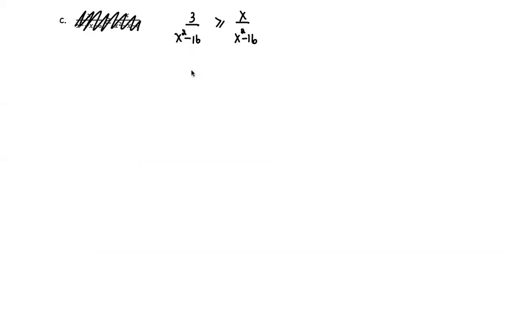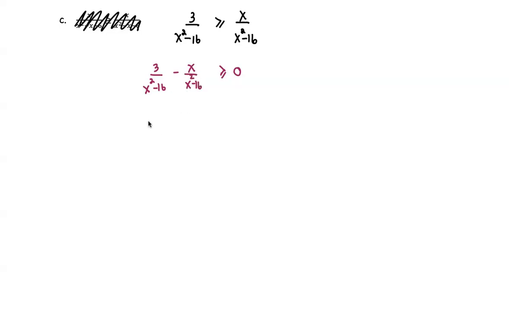Let's take a look at this example. We are going to solve for x for this inequality problem. We are going to move all terms into one side and leave the other side to be 0. So we have 3 over x squared minus 16 subtracted by x over x squared minus 16.